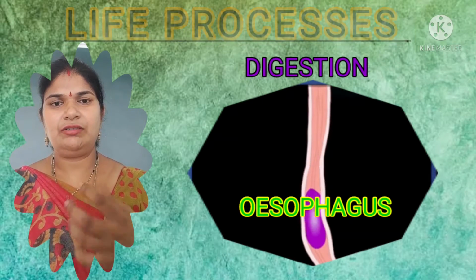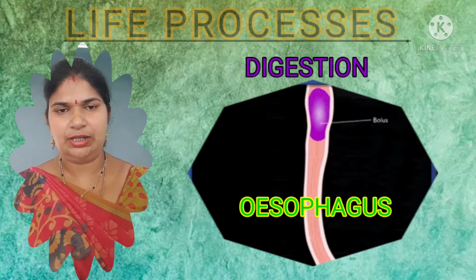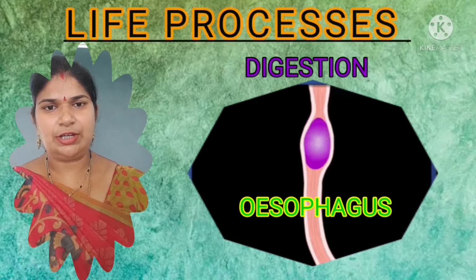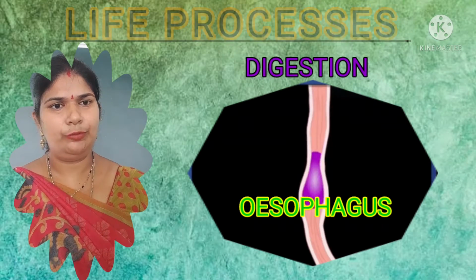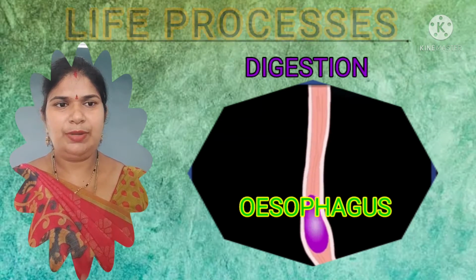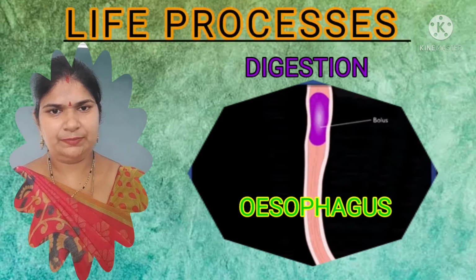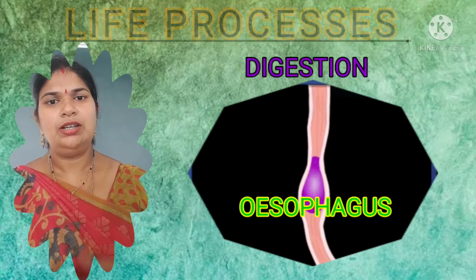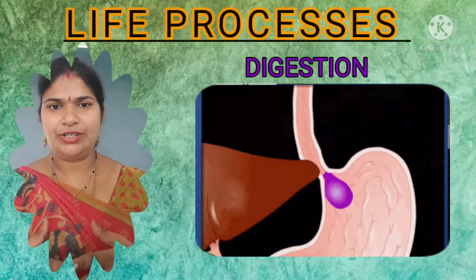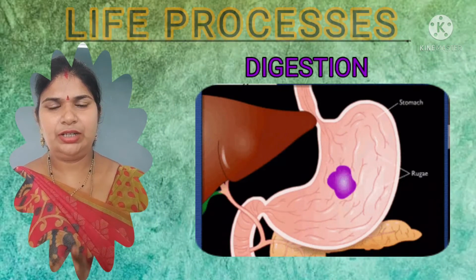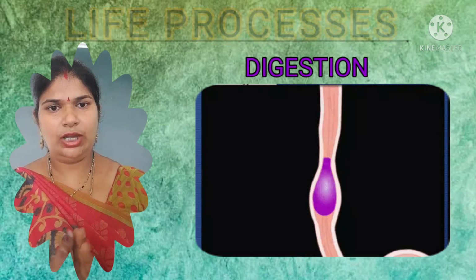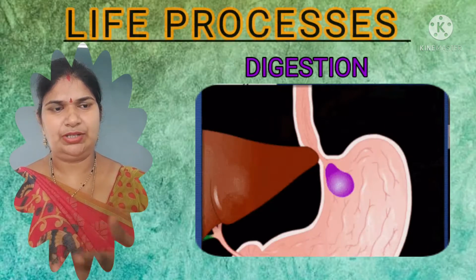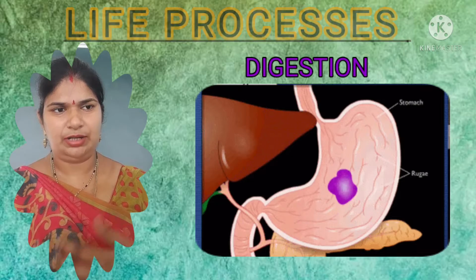Contraction and relaxation of the esophagus are called peristaltic movements. Now the food from the esophagus moves to a sac-like muscular organ called the stomach, where further digestion takes place.